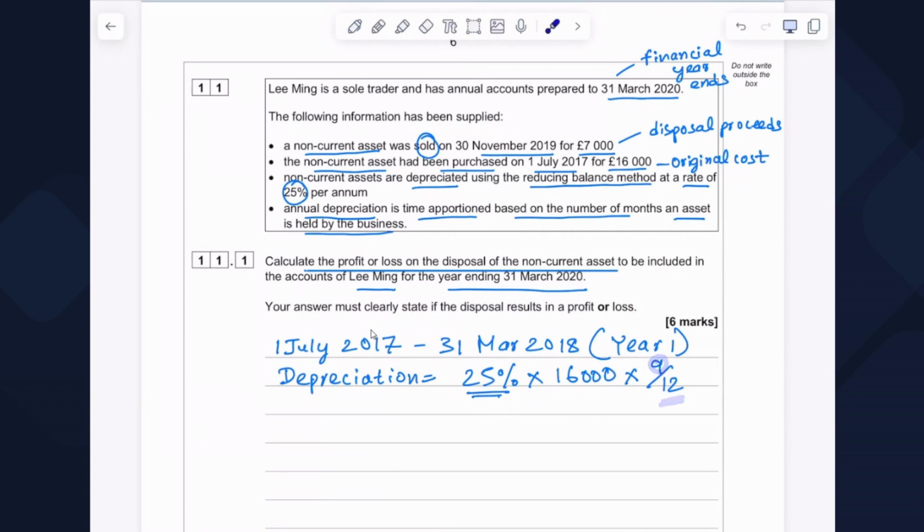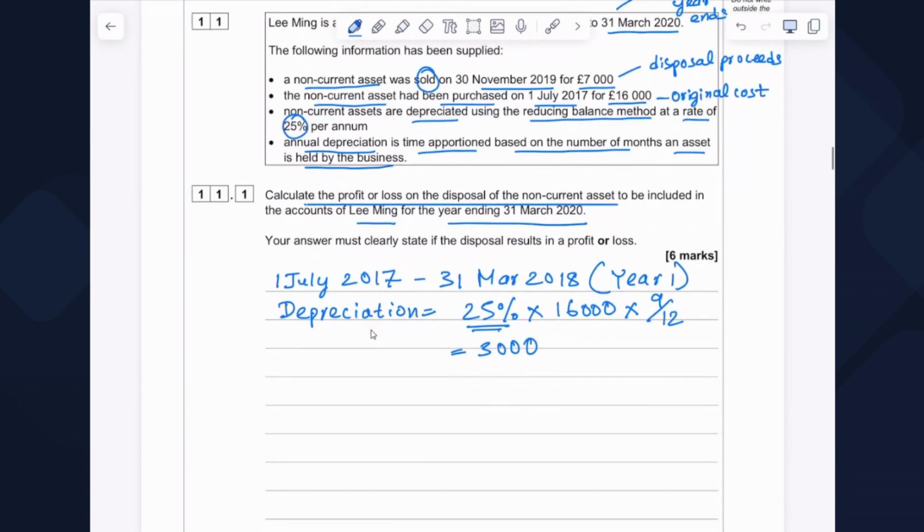So that is why we have to do 25% times 16,000 times 9 over 12, which adjusts the annual 25% into the 9-month rate. Once we calculate that, we get £3,000. That is the depreciation expense for the first year of usage.